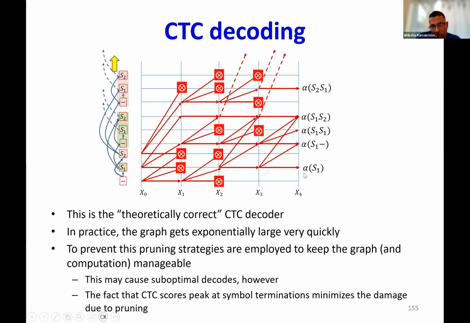You've got the alphas for all the symbol sequences where you might have to add some terms, but because S1 and S1 blank are the same thing, the blank is invisible. So you'd add these two alphas to get the score for S1. And then pick the sequence for which the alpha was largest. And that's going to be your best hypothesis. That's going to be your decode.